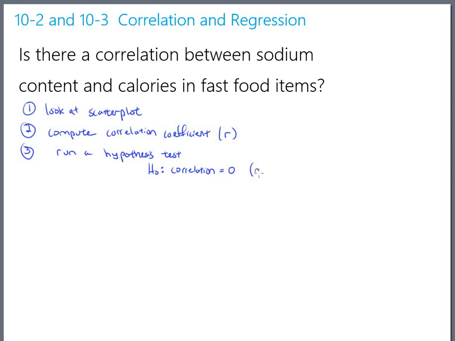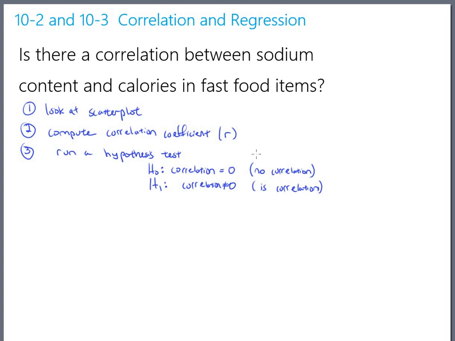If you want to translate that into plain English, instead of 0, you could say no. So the null hypothesis every single time is going to be there is no correlation. And the alternative hypothesis is going to be that the amount of correlation is not 0, or that there is correlation. And that's the test we're going to run every single time. So those will always be our hypotheses.